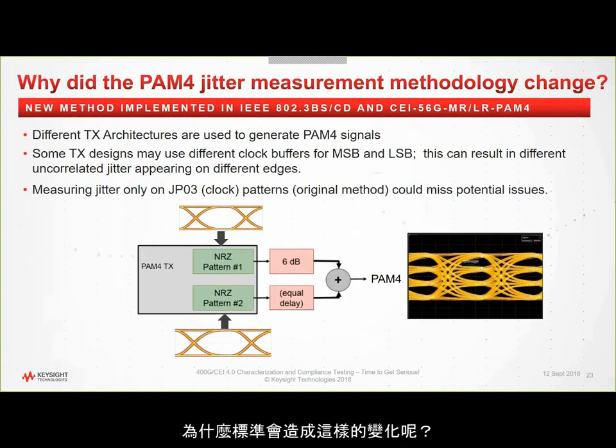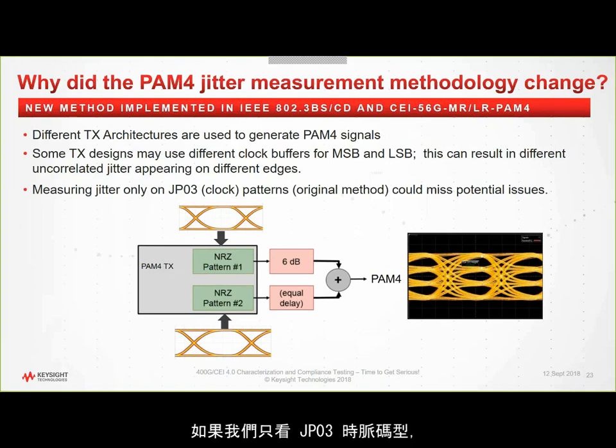So why did the standards make this change? Well, different transmit architectures are used to generate PAM4 signals. There are some designs that use different clock buffers to generate the MSB and LSB. So you have two NRZs coming together that can get combined. If the uncorrelated jitter on each of those sources is different, then you can have different jitter depending on the edge that you're looking at.